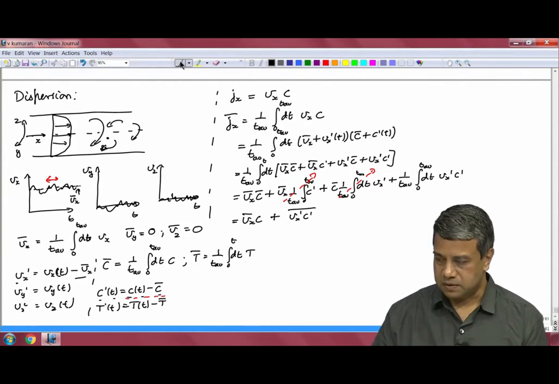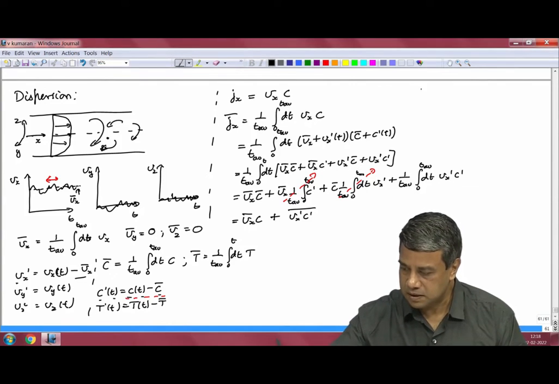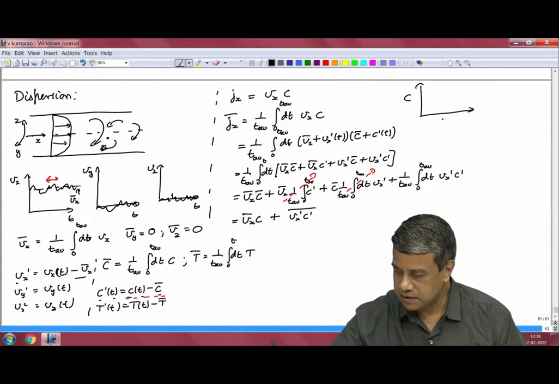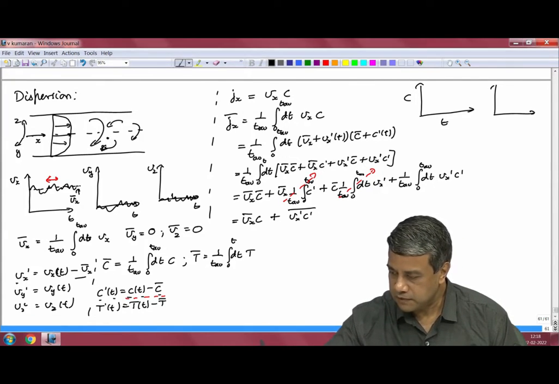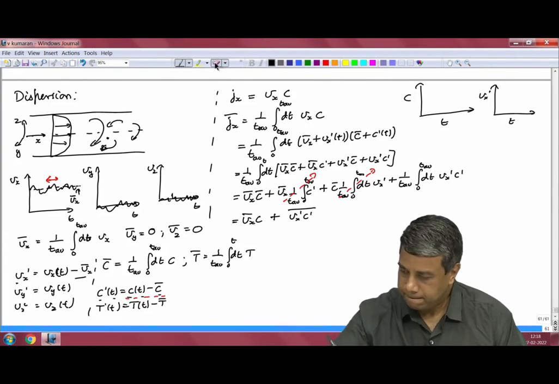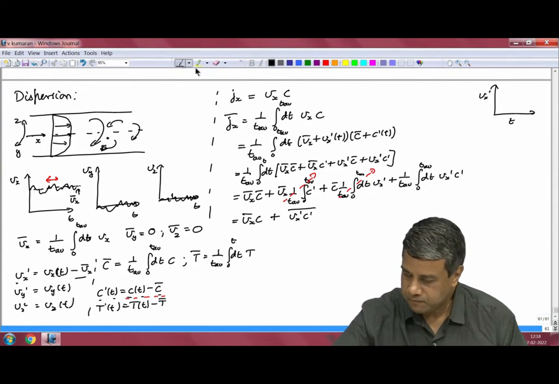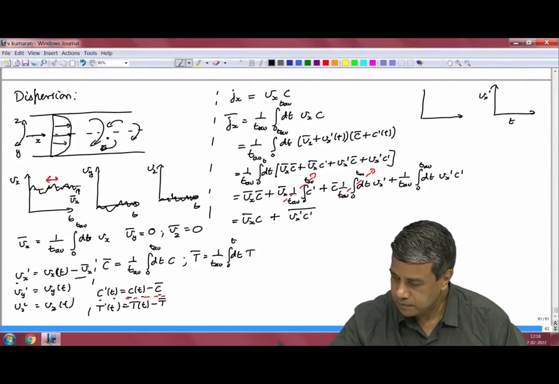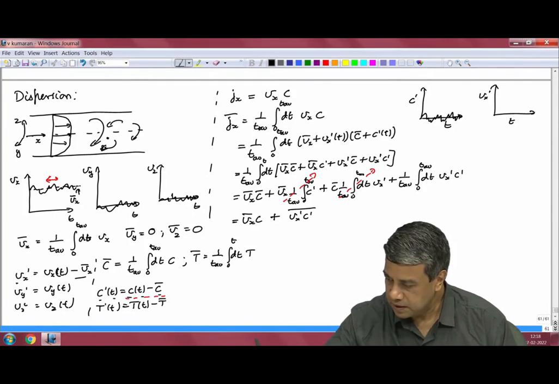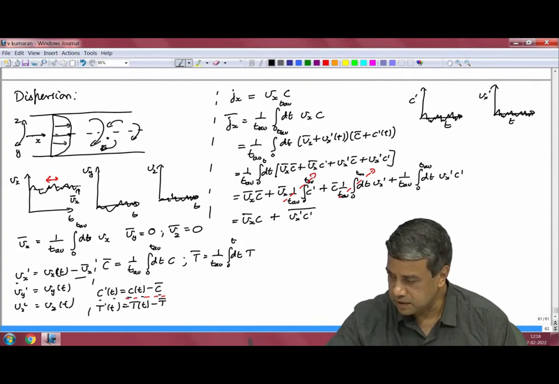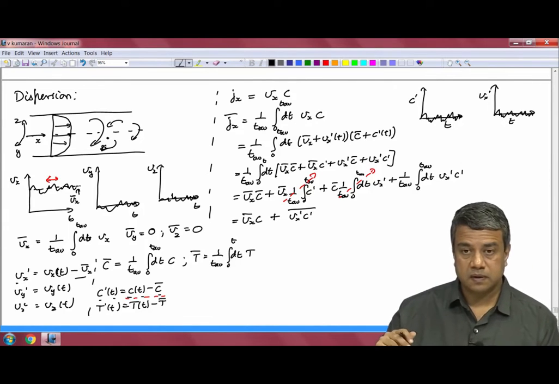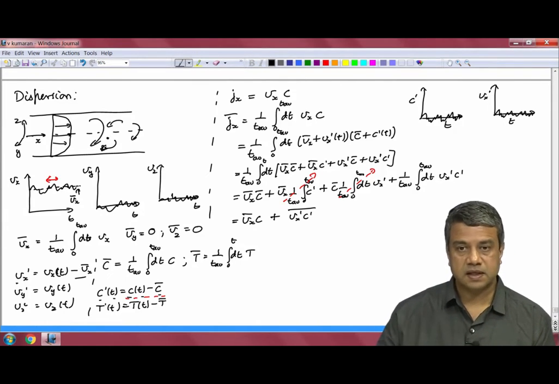So, to illustrate that, let me just consider some concentration fluctuation with time and some velocity fluctuation with time. Each of these on average is equal to 0. However, the product of two terms which average to 0 does not necessarily have to average to 0.